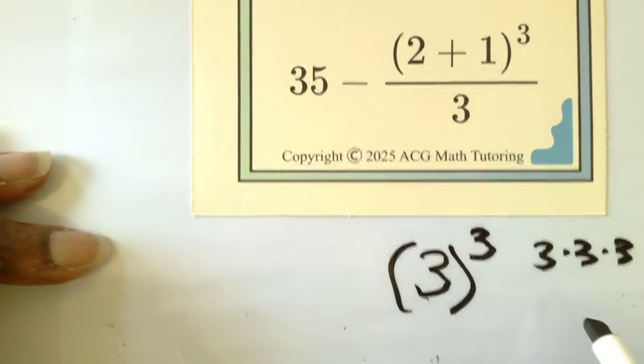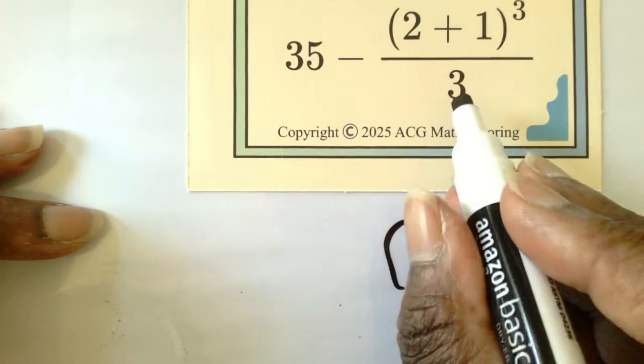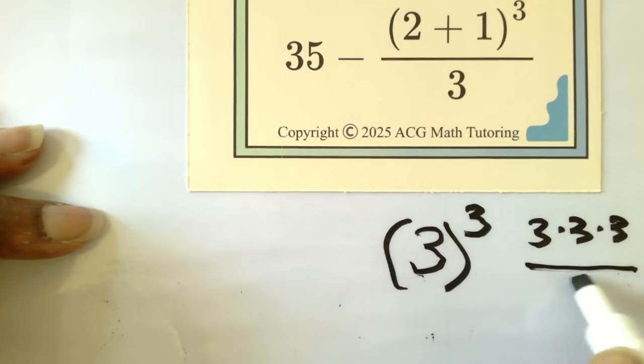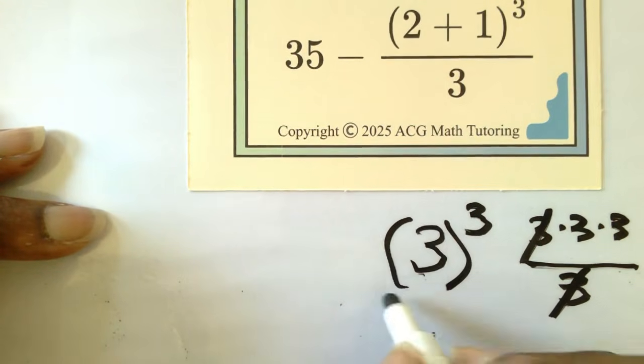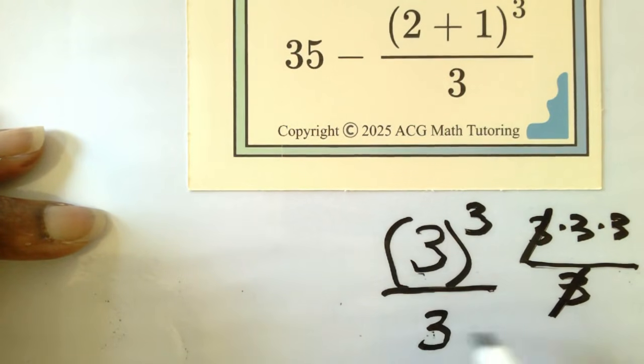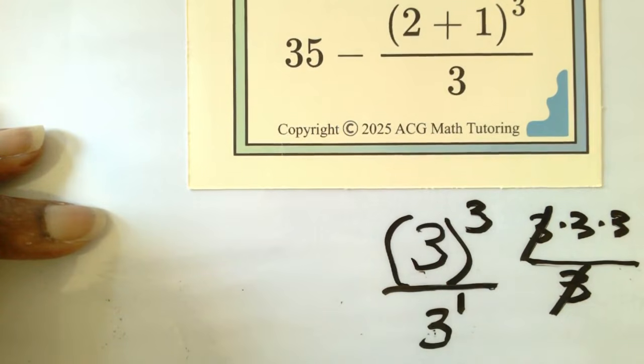But here's the best part. If we have 3 to the 3rd power, we got 3 3's, and it's being divided by a 3. Guess what you can do? You can cancel out one of those sets of 3's to give you 1. Okay? So remember, if you have a 3, it's assumed that its exponent is a 1. When you're dividing and they have the same base, you can subtract the exponents.